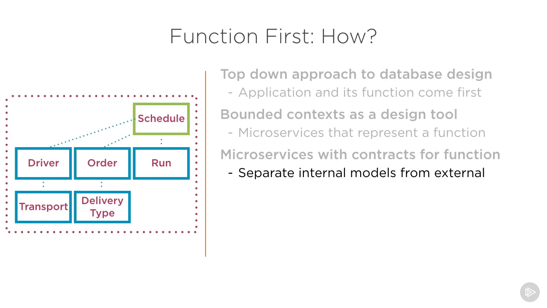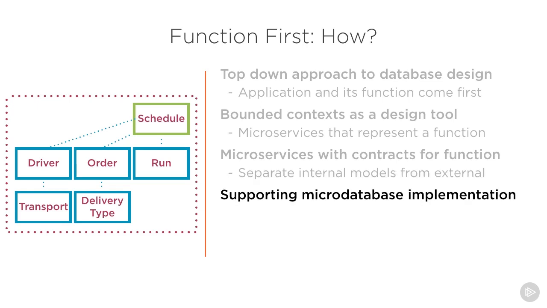This is because if we ever need to change the internal workings of our microservice, we don't want to break our consuming applications, because we also end up changing our contract because the internal workings have changed. So keep internal models separate from your external contract models.